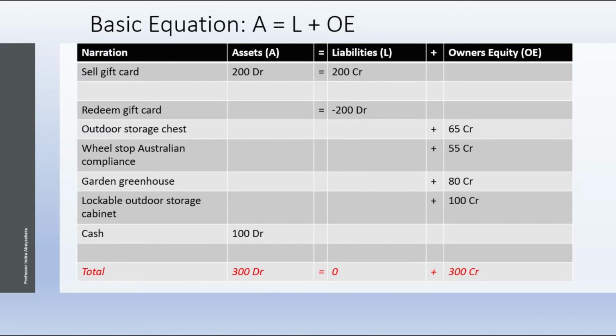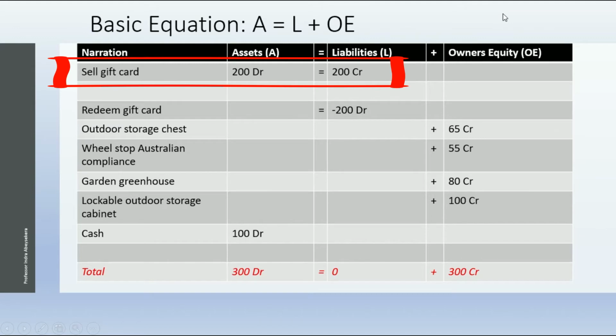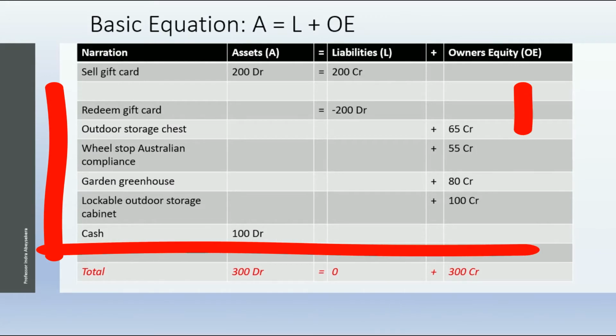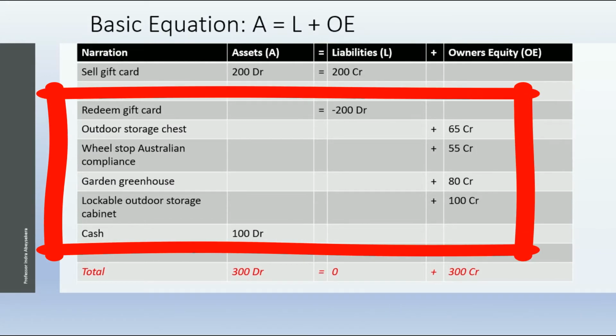When we look at the first transaction, selling the gift card, we can see that the left side equals the right side, $200 and $200. Then in the second transaction, the right side is plus 100 and the left side is plus 100, so 100 and 100.